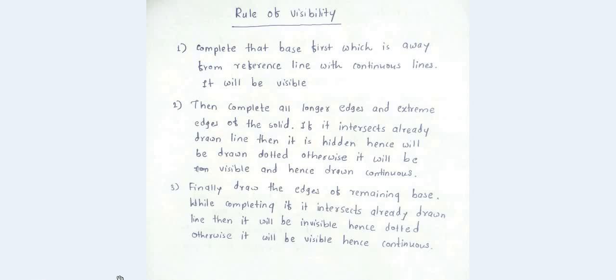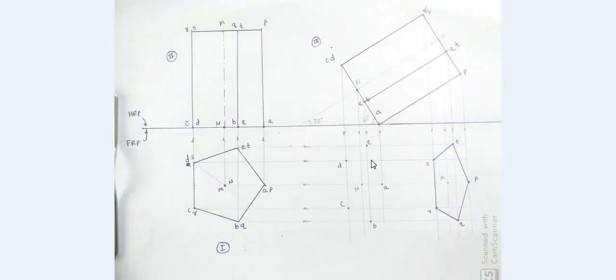Now we will see these steps and how to implement these steps in the actual solution. In our case, there were 12 points, 5 points of each base and 2 points of the axis. So as per the rule of visibility, we will be joining that base first with a continuous line which is away from the reference line in the previous view. So here we want to complete this view.